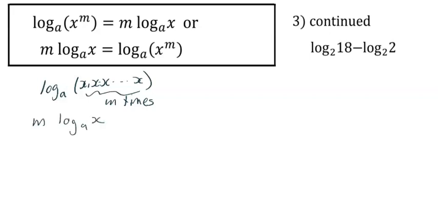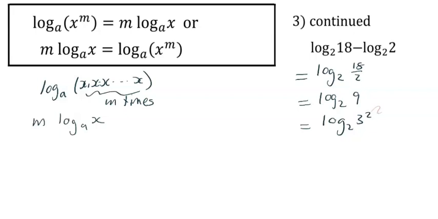If we go back to number 3, we had before, from the subtraction rule, 18 divided by 2, and that gives me log to the base of 2 of 9. I can now write the 9 as 3 squared, and then I can take that 2 to the front, so I'll get 2 times log to the base of 2 of 3.